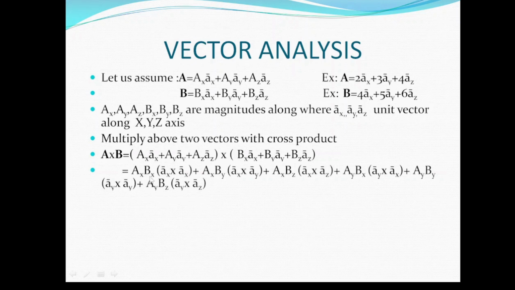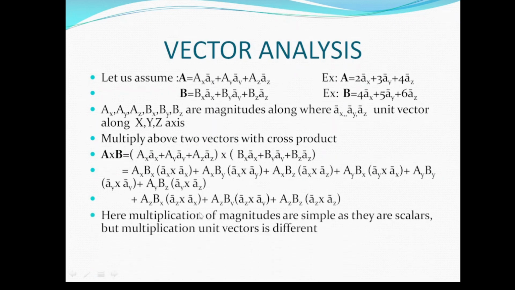So Ax into Bx, ax cross ax, and also multiply the unit vectors, ax cross ax plus Ax into By, ax cross ay. So multiply the two unit vectors with the cross product. Like that, multiply all the vectors.